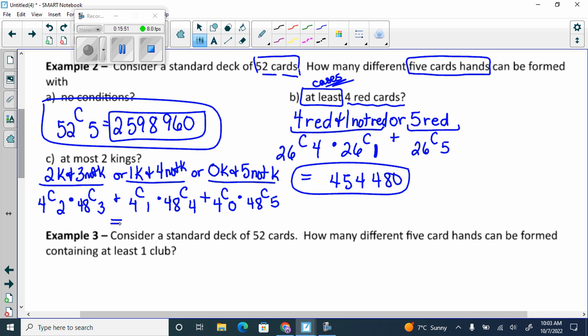Everyone typing it in. What are you getting for numbers?